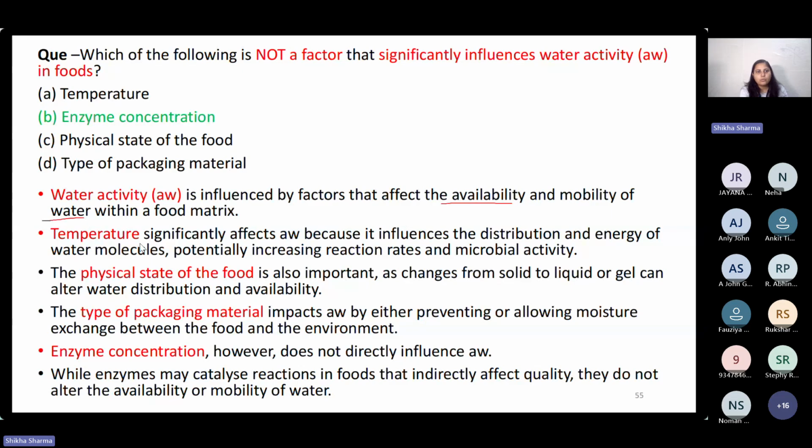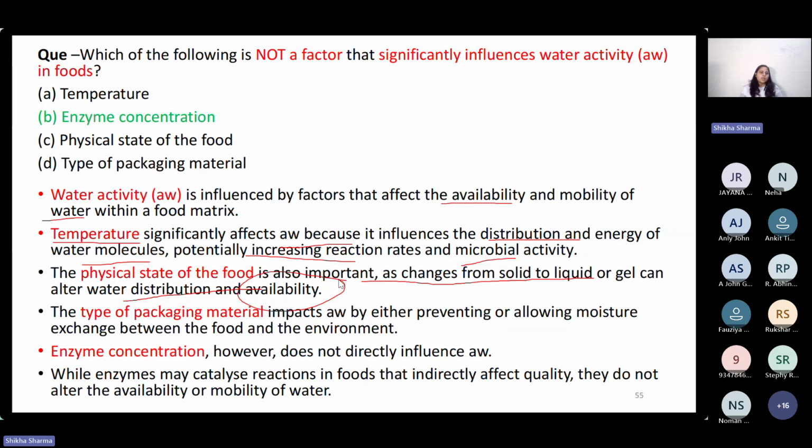Temperature affects the water activity because it influences the distribution and energy of water molecules, potentially increasing the reaction rate and microbial activity. And the physical state of the food is very important, as a change from solid to liquid or gel can alter the water distribution and availability.